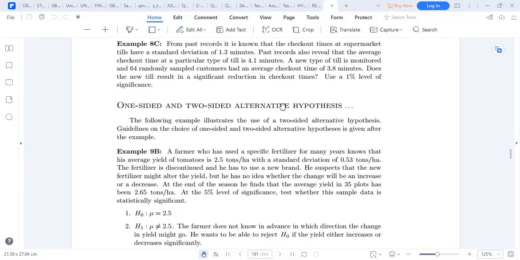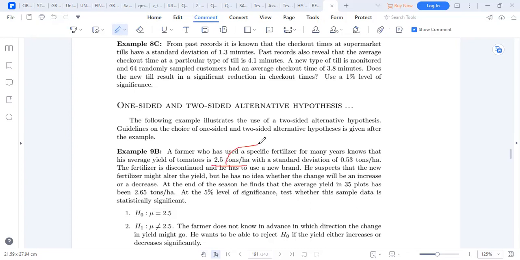So from this statement here, we need to analyze 5 key things. Start with the farmer who knows for many years the yield historically is what? 2.5. So this is called our mu, not our x bar, because it's the historical mean. Then the standard deviation there is what? 0.53. The fertilizer is discontinued and he wants to use a new brand.